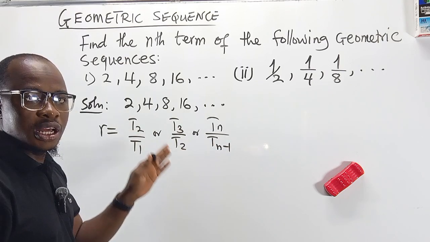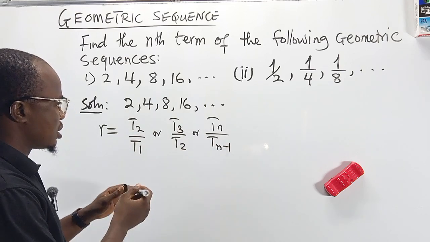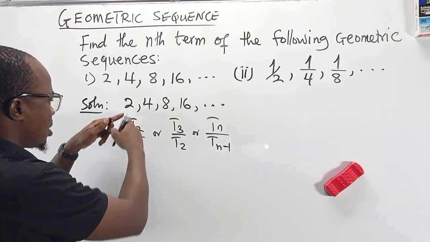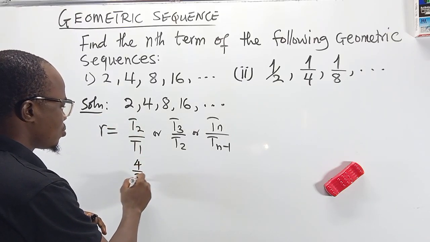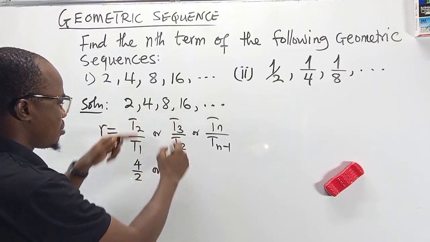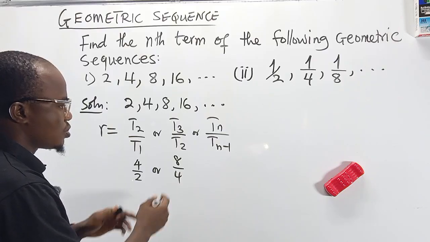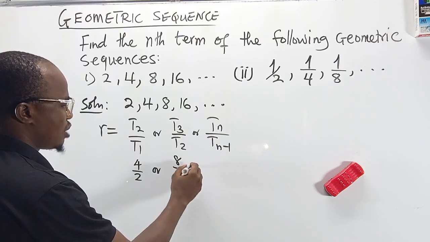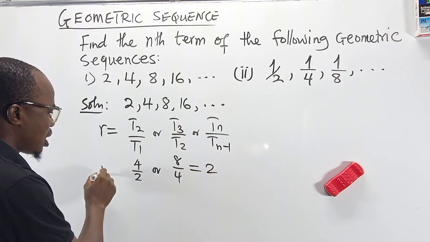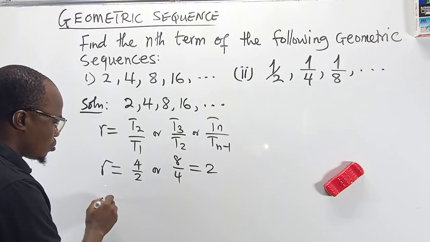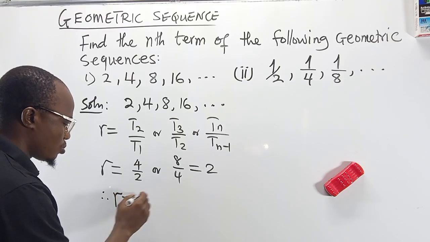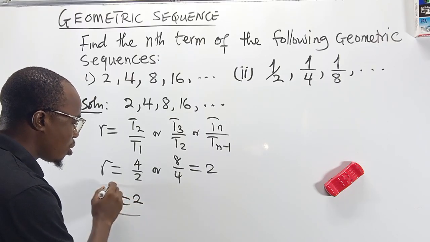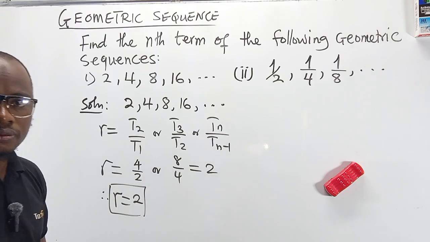Picking any of these, T2 is 4 divided by 2, or 8 divided by 4, and you see that we still have the same thing. So we can conclude that r is equal to 2, which is the common ratio.